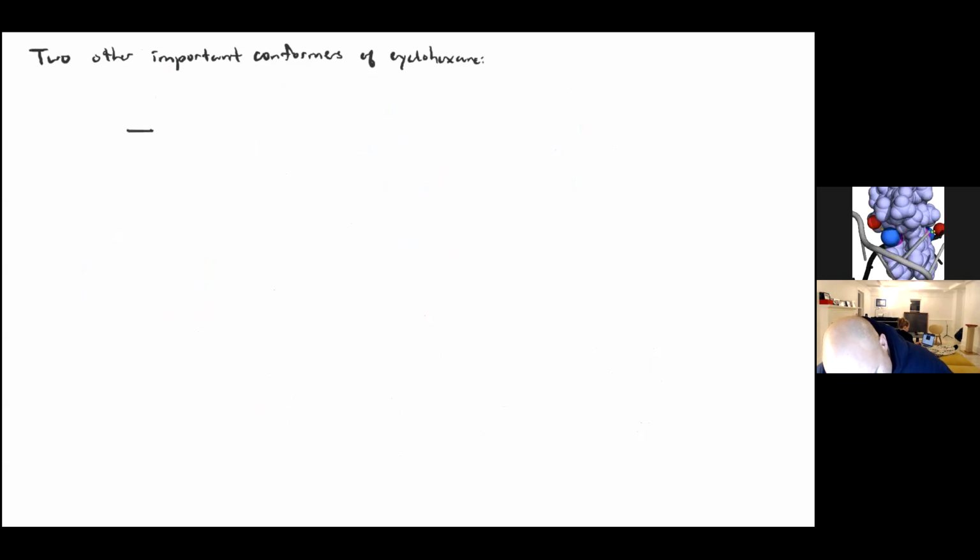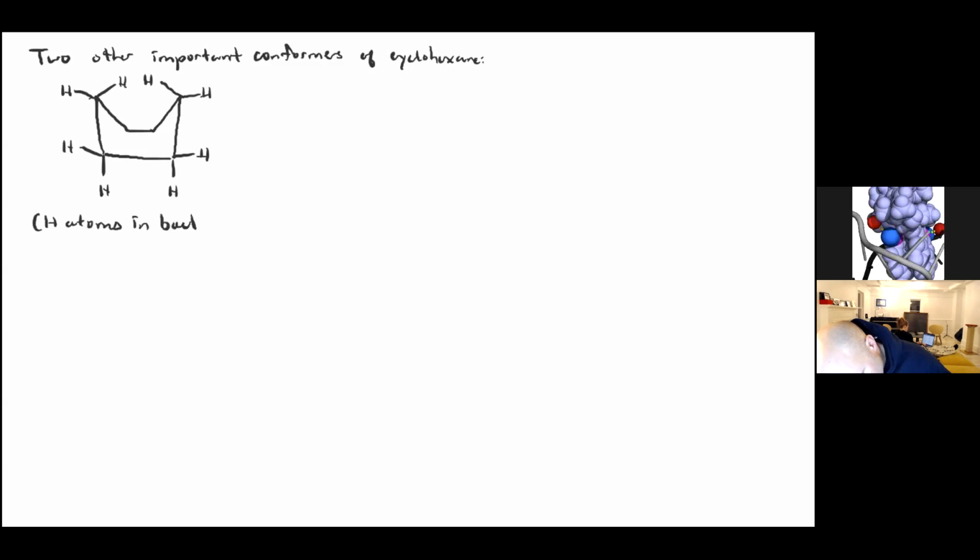And the boat conformer looks something like this. Okay, so it's essentially a chair, but I've taken one end of that chair, say the bottom one, and flipped it all the way up. In this drawing, I've omitted the hydrogens from the back just so it doesn't get too busy.